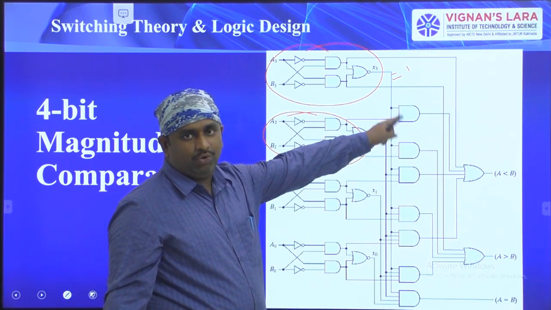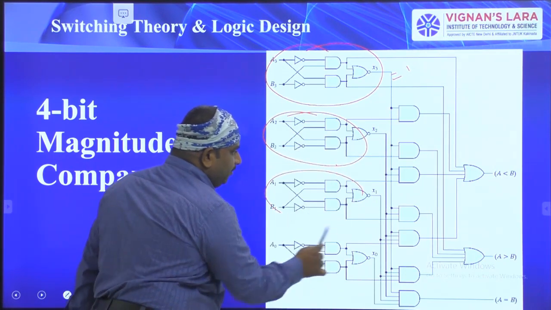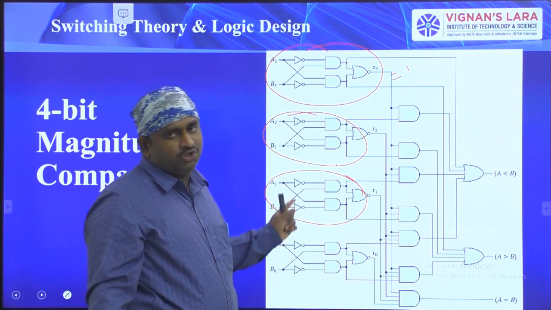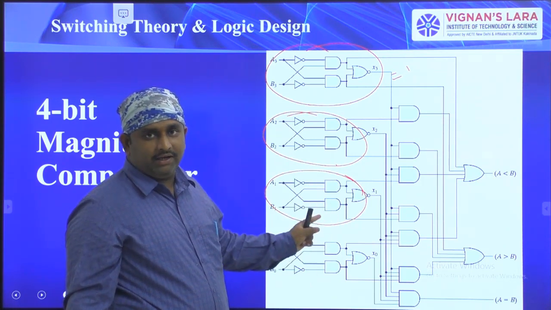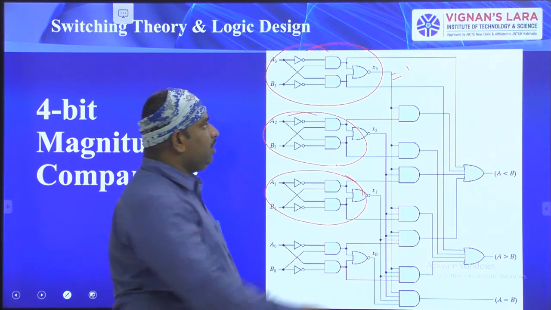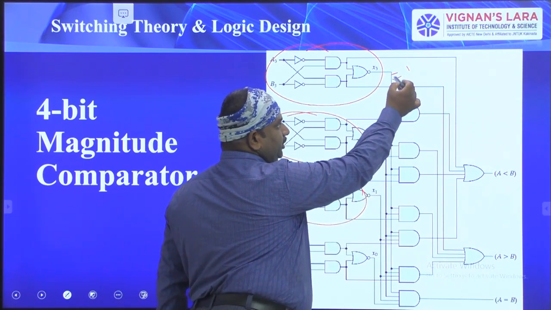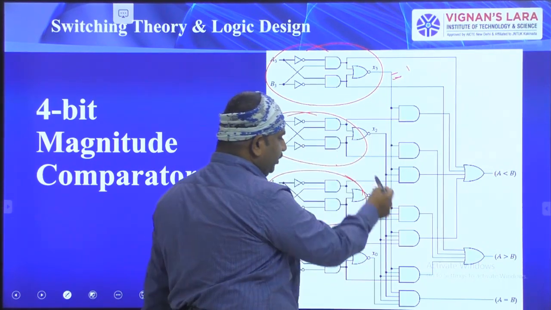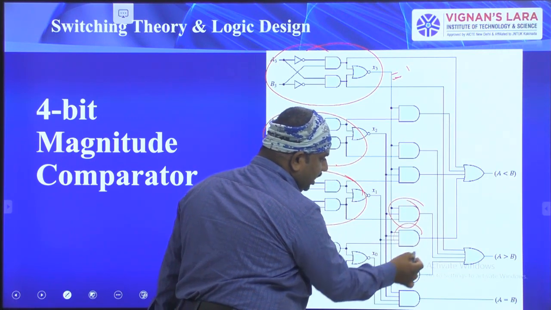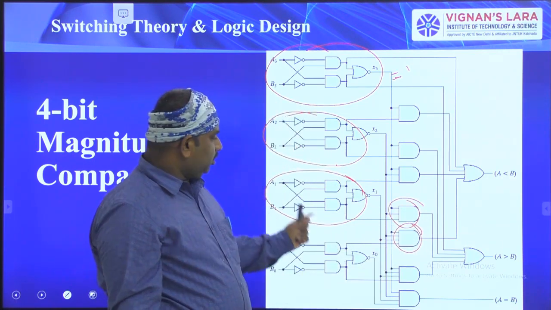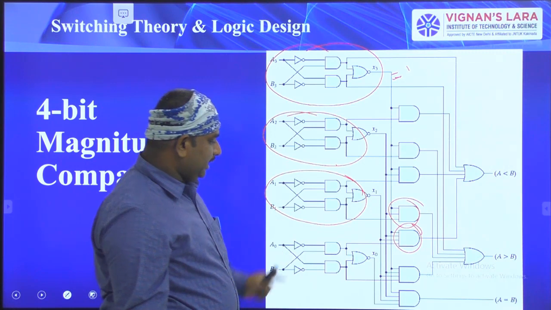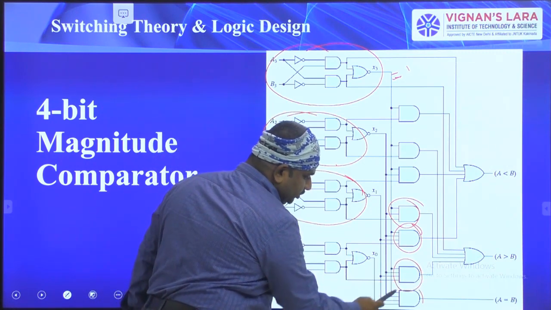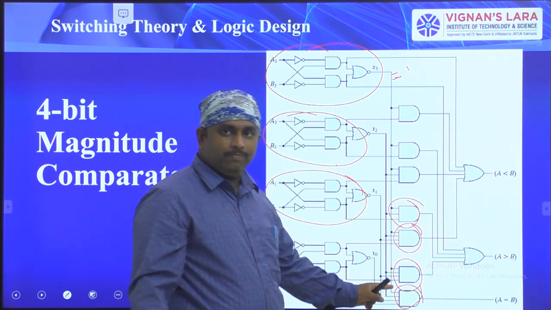For that reason, here we have 2 inputs. Next, A1, B1 I am also comparing. It is also giving outputs. But these values are considered only when A3, B3 bits are equal and A2, B2 bits are equal, then it will consider the outputs of these two signals. Okay. Next, coming to this last combination of A1, B1.